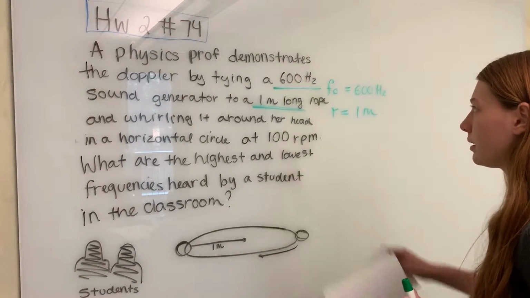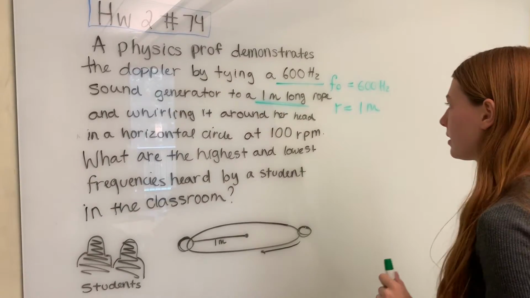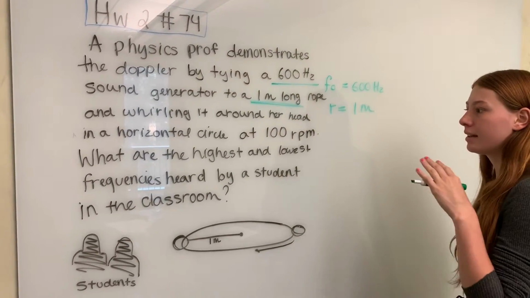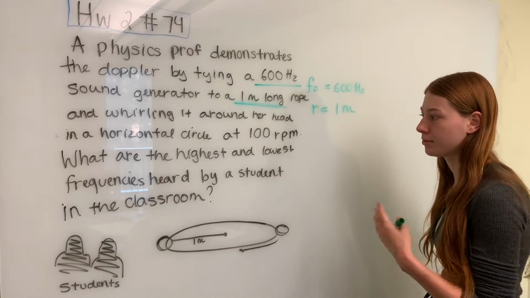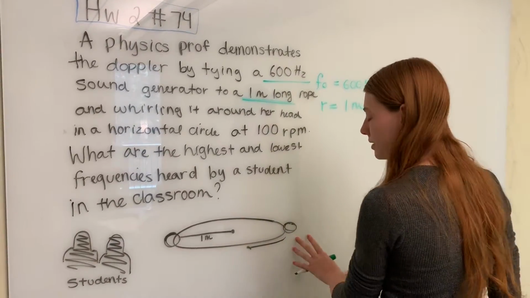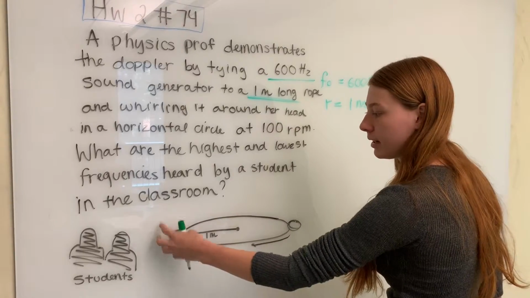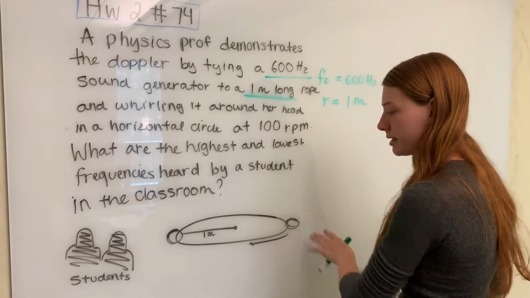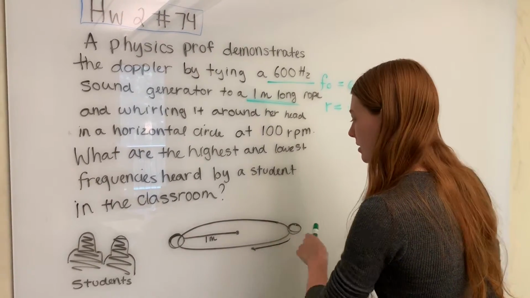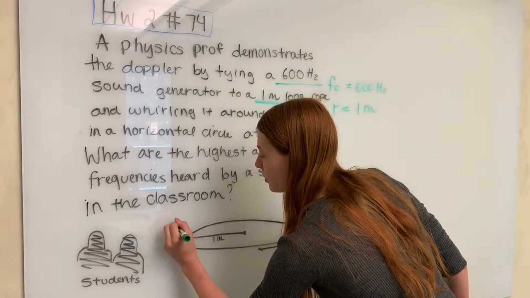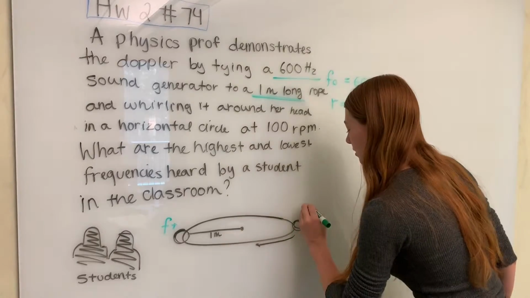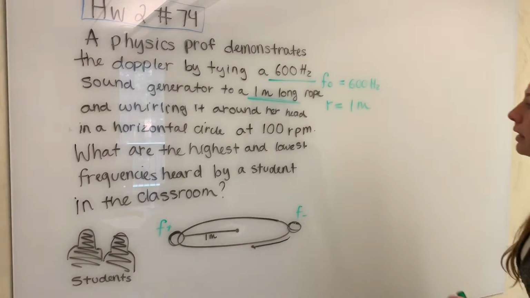And then here it says the Doppler effect, so you know you're going to be finding F plus and F minus, or F approaching and F receding, so you have to find which one's F approaching and which one's F receding, if this were one point in time. So since this circle is moving this way, this is going to be F approaching the students, and this is going to be F receding the students.